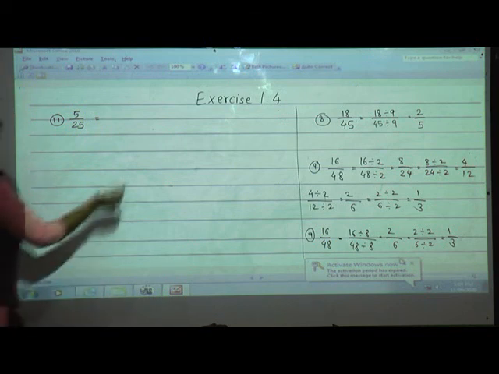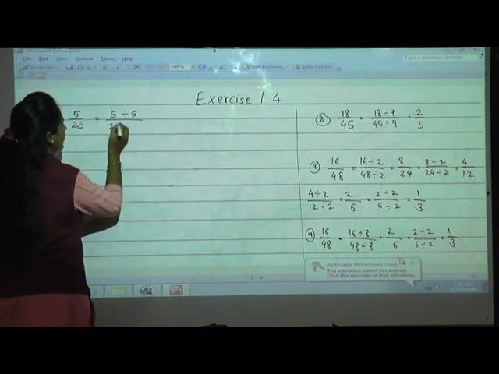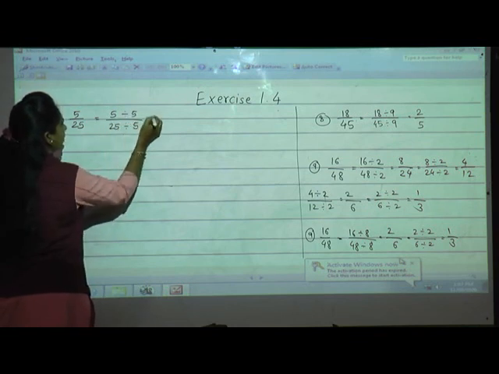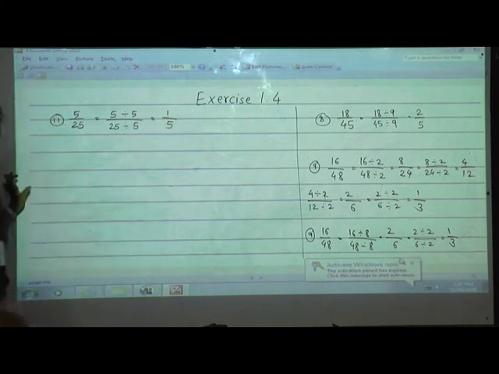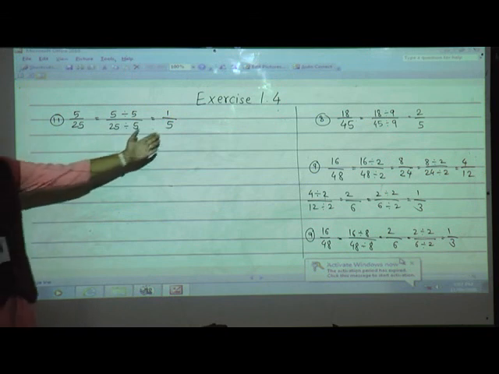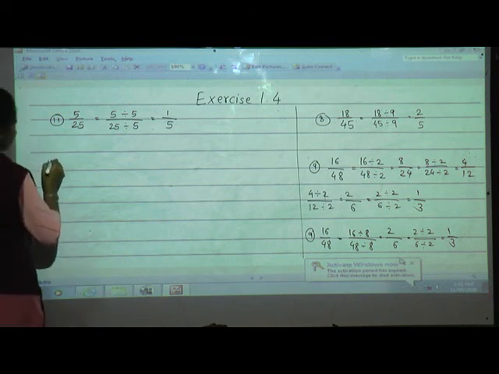See, in the 5 table, isn't it? We have to divide both numbers by 5. 5 ones are 5, 5 fives are 25. So what is our lowest term? 1 upon 5.